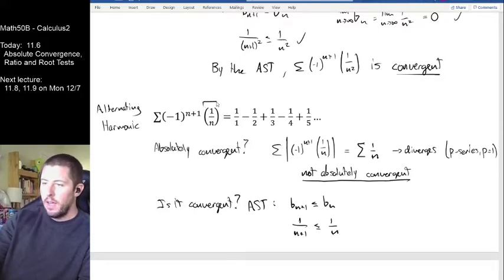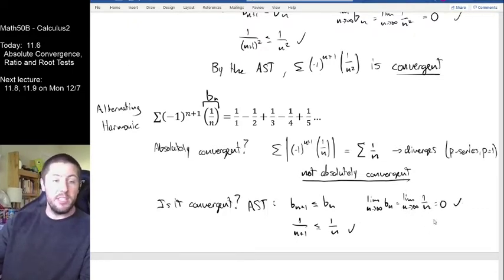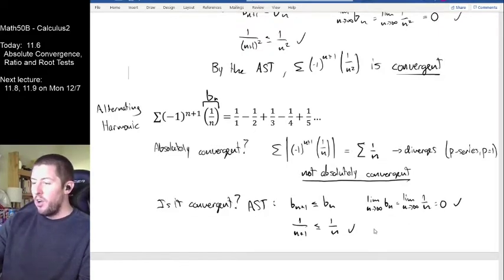And again, we're identifying this guy right there as our b sub n. I also can clearly see that the limit as n goes to infinity of b sub n is the limit as n goes to infinity of 1 over n, which is 0. So that does satisfy both conditions of the alternating series test. So it seems like this series, negative 1 to the n plus 1 of 1 over n, is convergent.